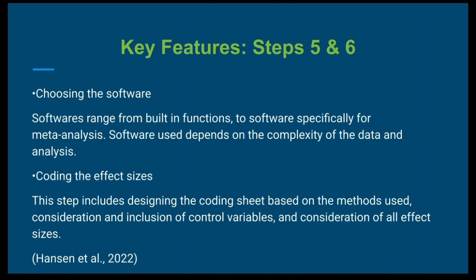Step 6 is coding the effect size. This step includes creating a coding sheet. Researchers need to take a lot into consideration, such as the methods used, control variables, and of course, the different effect sizes of the studies.